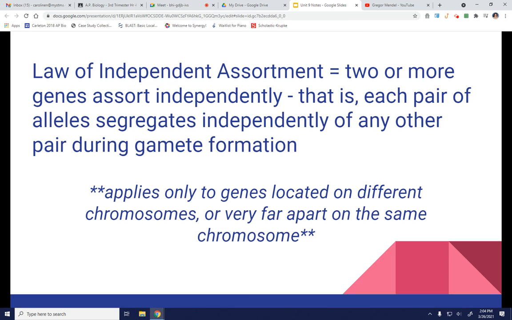But there's so much crossing over that happens that if genes are on opposite ends of the same chromosome, they usually get separated. And so they also sort independently, which means any combination of genes is possible in the gametes that are being passed on to the offspring.